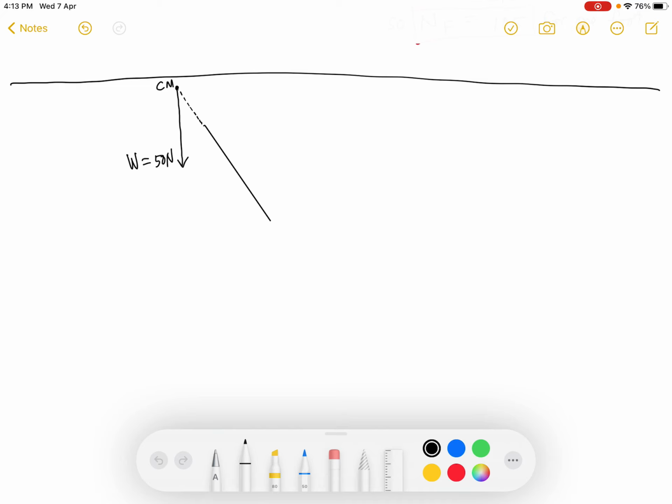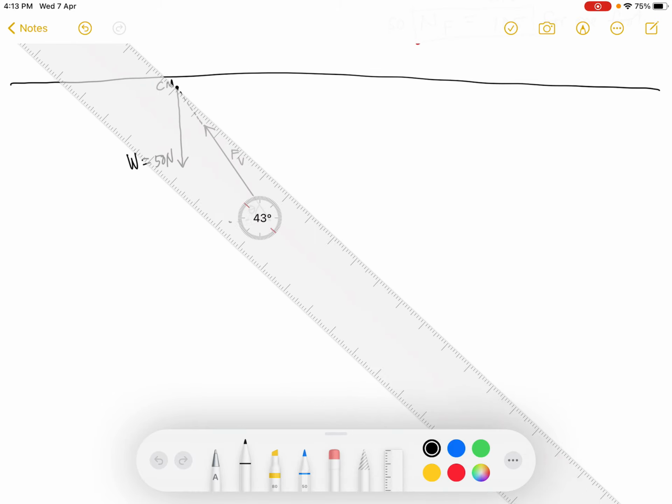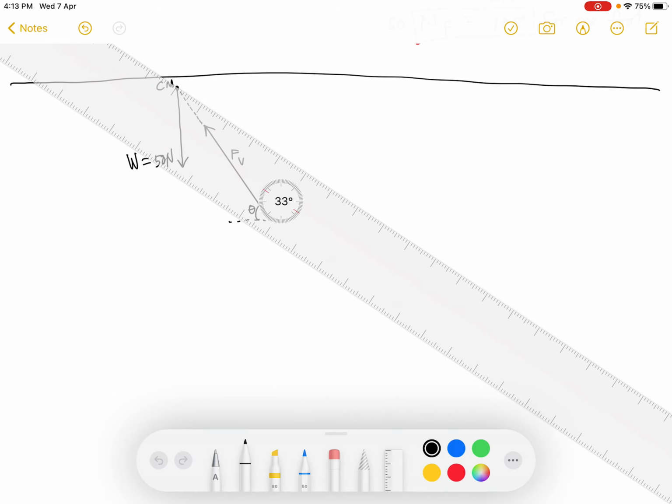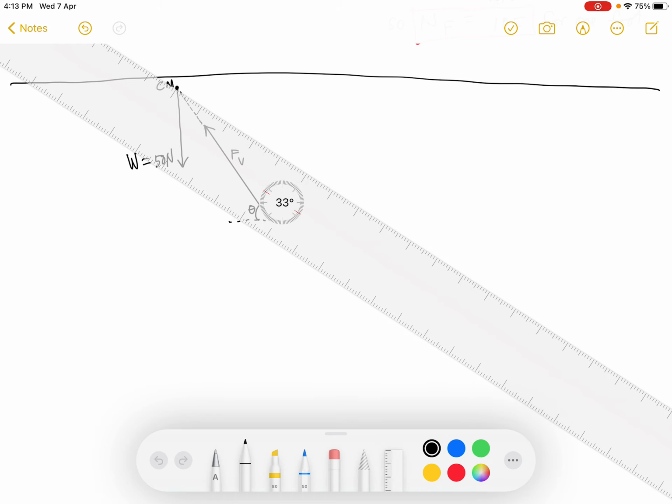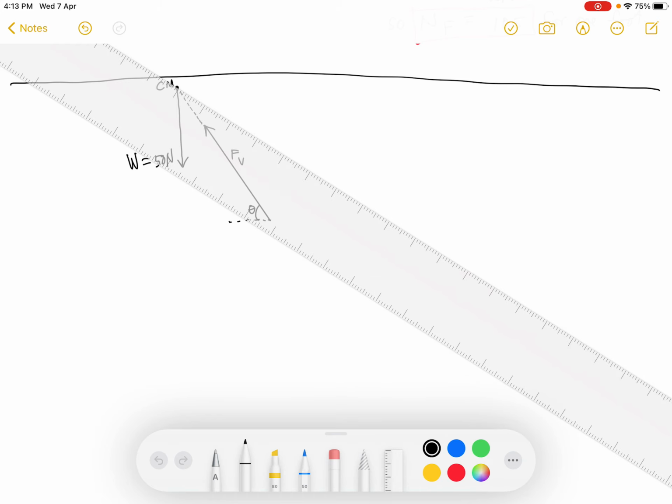This is Fv, which is at an angle theta relative to the horizontal. And then we have another force, Fm.